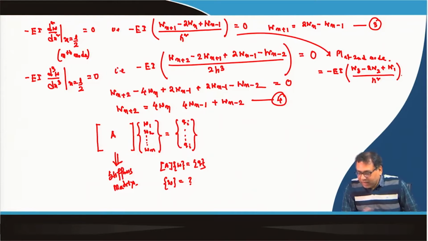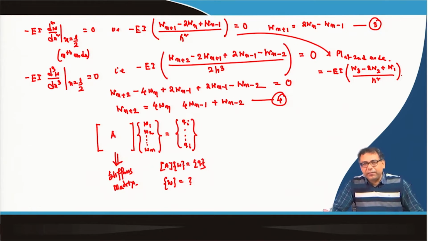Now you know W1, W2, W3 and you know the h square value. So, you put them in and you will get the bending moment at the second node. Similarly, you will get the shear force or the slope at any node if you know the deflection of all the points.